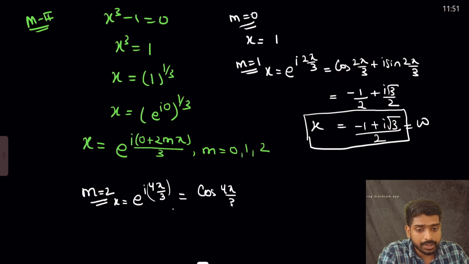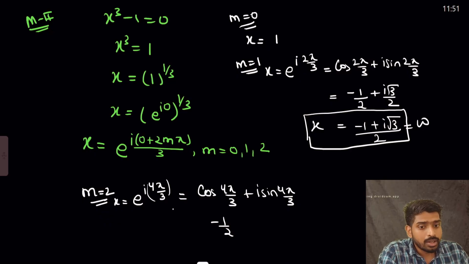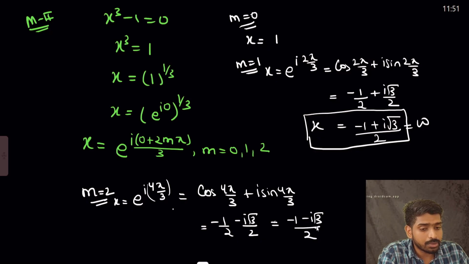Cos 4 pi by 3 plus iota sine 4 pi by 3: cos 4 pi by 3 is minus 1 by 2, sine 4 pi by 3 is minus root 3 by 2. So this will be minus 1 minus iota root 3, by 2. Got it?